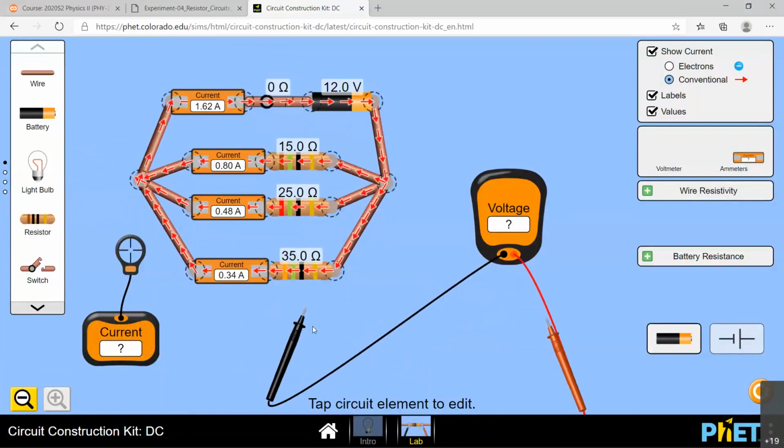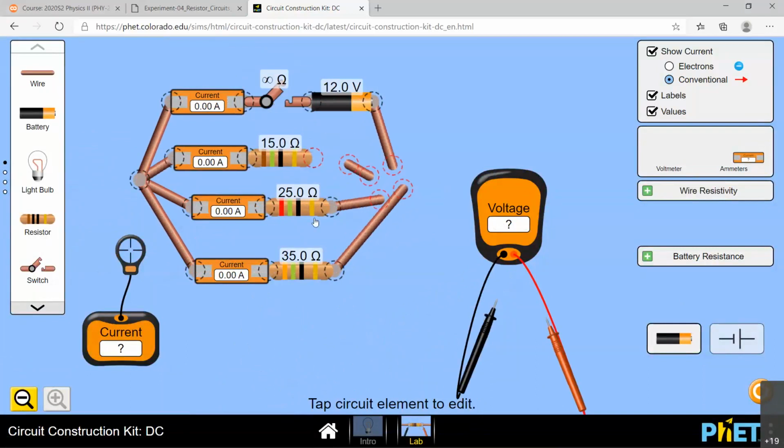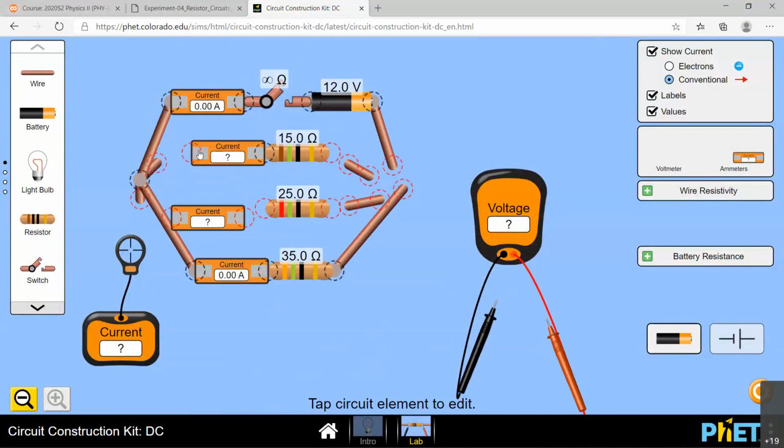Get rid of all of these. And you can disconnect all of these, disconnect the circuit first. Okay, so we'll get rid of this one too.